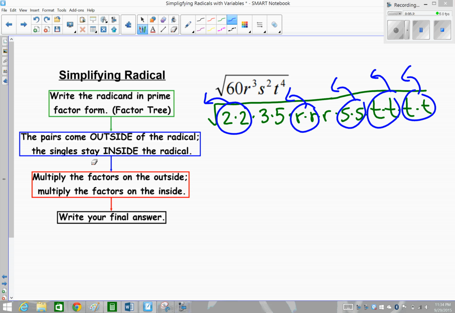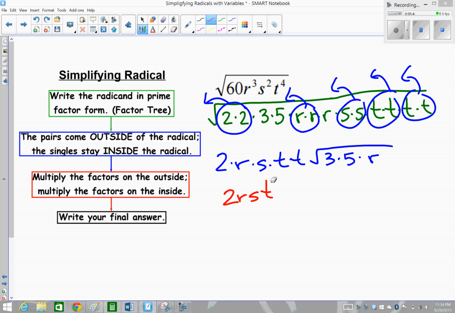So let's write what's on the outside. I've got a 2, an r, an s, and 2 t's on the outside of the radical. Underneath, I have a 3, a 5, and an r. Those are all the singles that got left under. Now, let's multiply the factors outside. 2 times r times s times t squared.